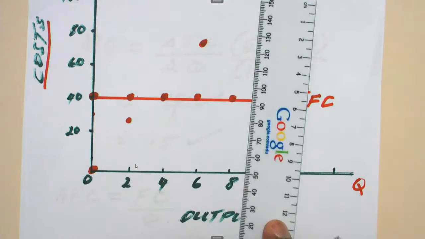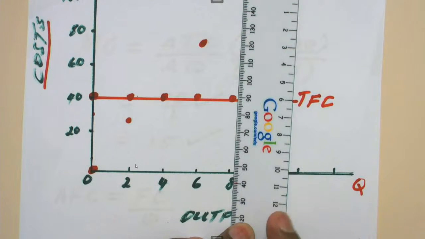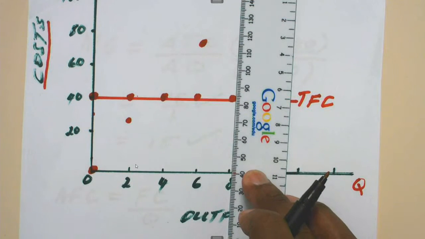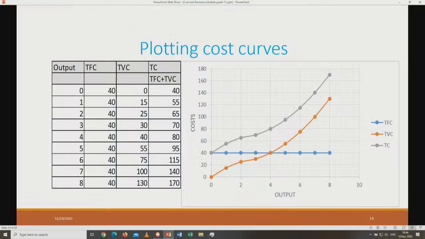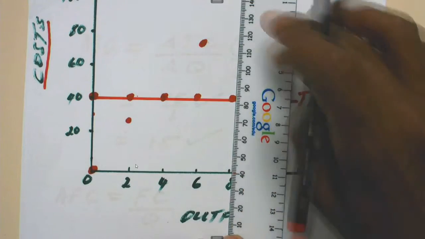And then for this one here, 8. When we are producing the 8th item, according to our schedule there, what is our total variable cost? It's 130. So where is our 130?